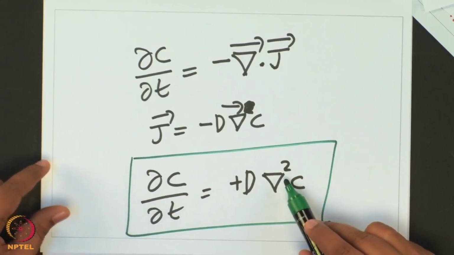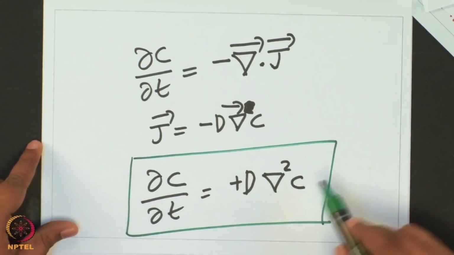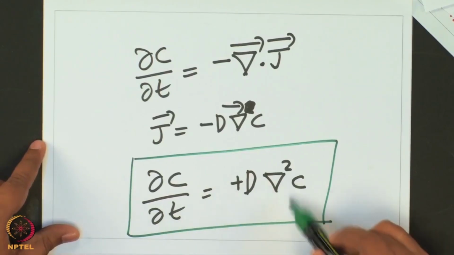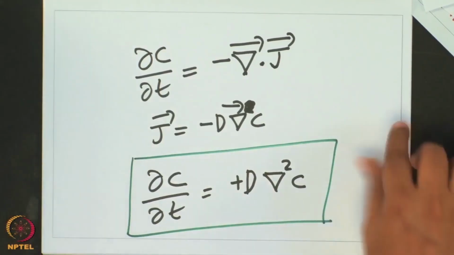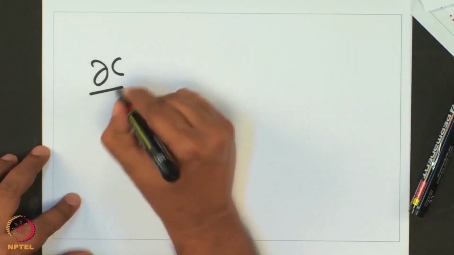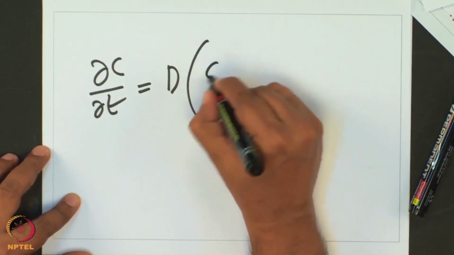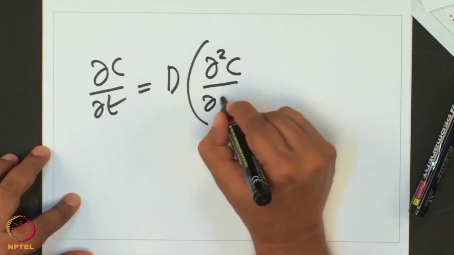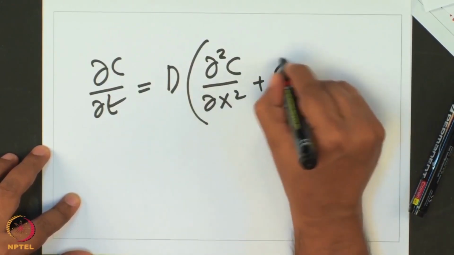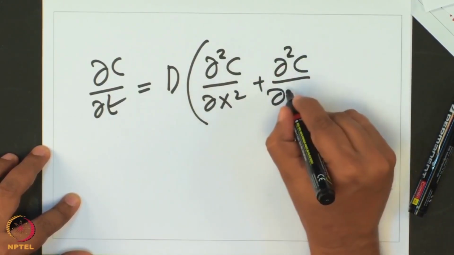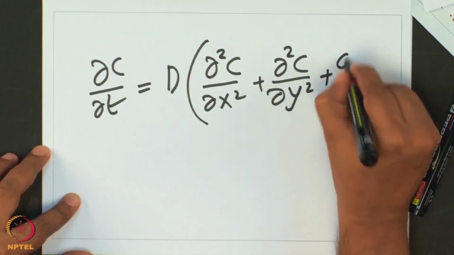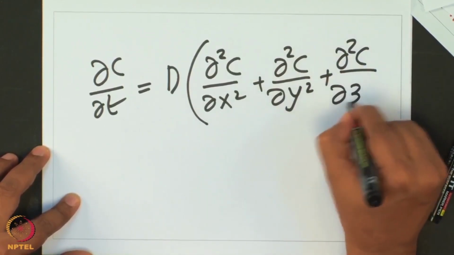In 3 dimensions, the del square will have x, y, z, and in 1 dimension just x will be there. So, let me write this in 3 dimensions and summarize what we did so far. If I write this in 3 dimensions, del C by del t will be equal to D del square C by del x square plus del square C by del y square plus del square C by del z square.